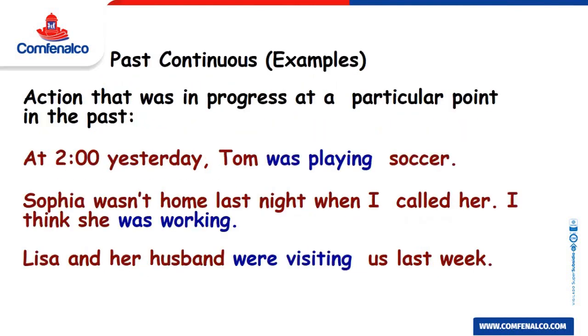Here we have past continuous example. Remember the function. We use the past continuous to refer to those actions that were in progress at a particular point in the past. Utilizamos el past continuo para referirnos a acciones que estuvieron en progreso en un punto particular del pasado.